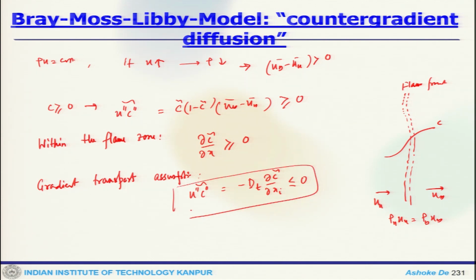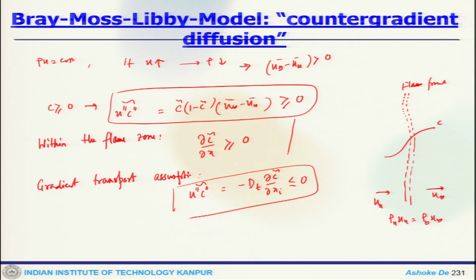So, this, if you see, they are kind of conflicting each other. So, there is a conflict with the counter gradient diffusion in the BML model. So, that is another thing to be noted here.